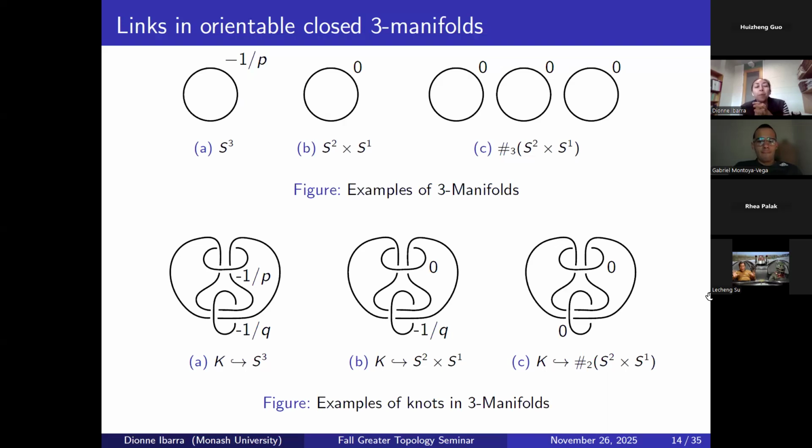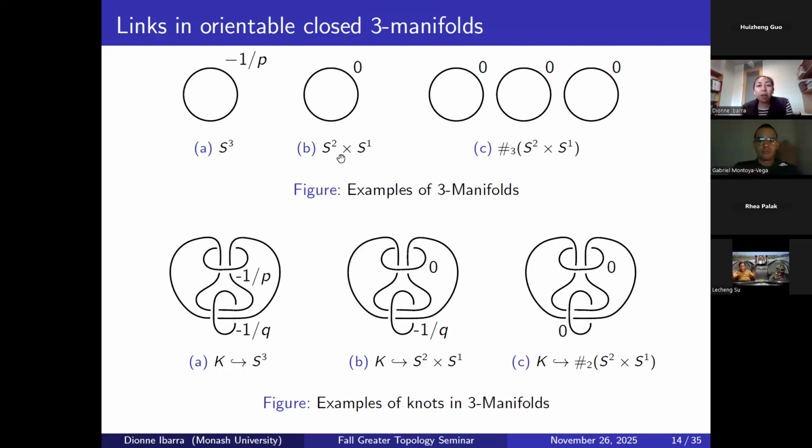The first example is S3. You can describe S3 using the unknot, and you do Dehn surgery along this unknot by -1 over q. Sorry, I think I accidentally flipped it: p over q, so this is the number of times it goes around the meridian, and this is the number of times it goes around the longitude.